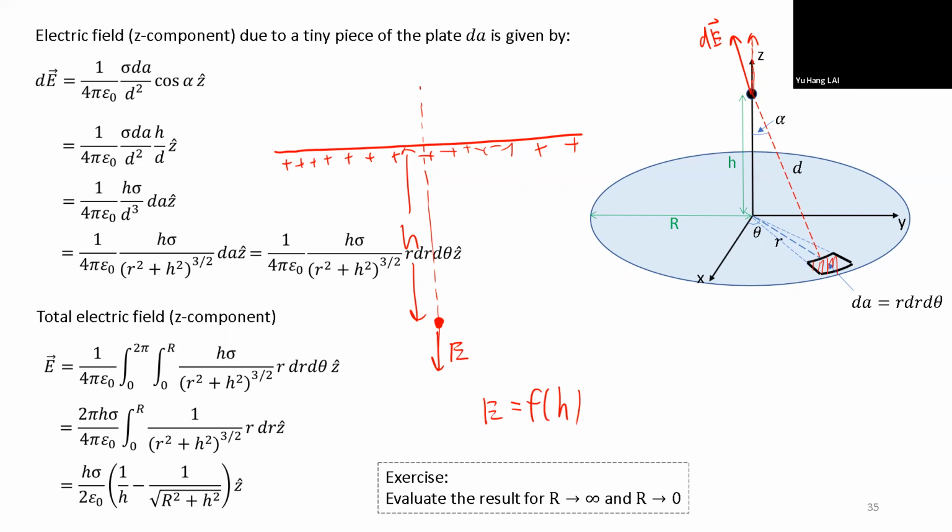And again, you can ask yourself, what if I treat all the charge in this wire as concentrated at the center of mass, and then just take this point and this point, and take 1/h squared. Again, you'll find that the result is wrong.